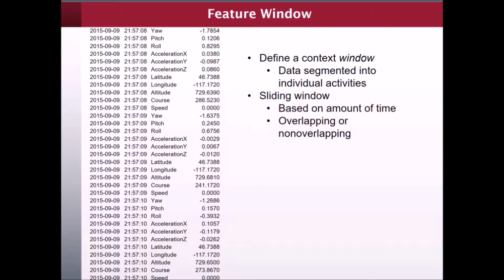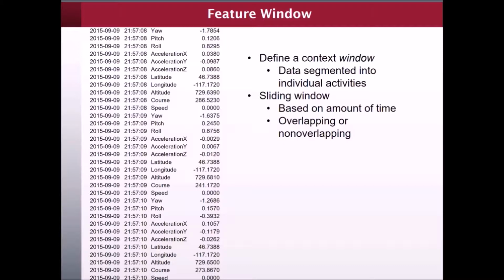If we don't have such segmentation available, we might instead choose to use a sliding window in which we are going to define the context as a certain number of seconds of data or a unit of time for which we are going to collect the data and extract the features to represent a single data point. And these windows can overlap with each other or be constrained to be non-overlapping.